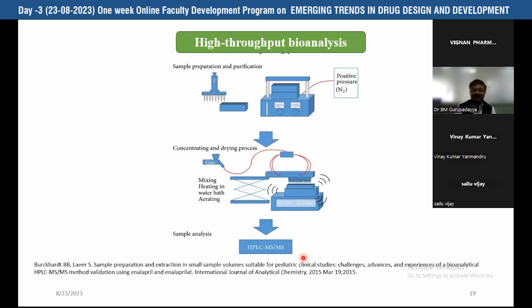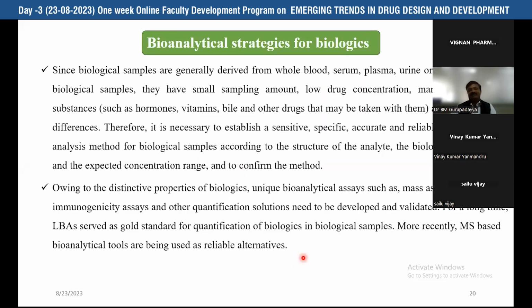So by using concentration and drying, the sample will be directly purified, and by using nitrogen pressure, then applying heating in a water bath, it is taken directly for the analysis without going for any previous methodology. So this is called a high throughput technique, which characterizes the samples. This is also adapted for the identification and quantification of the drugs here.